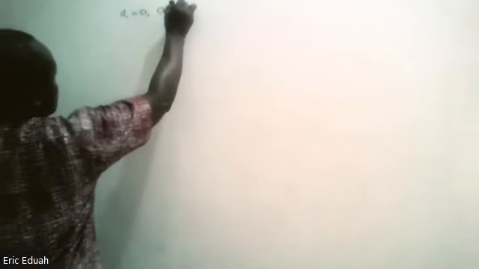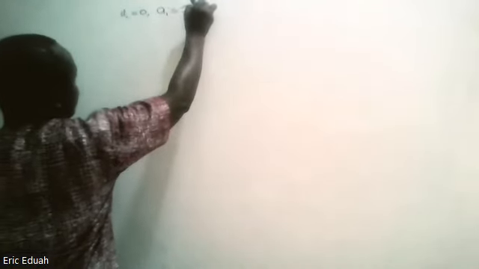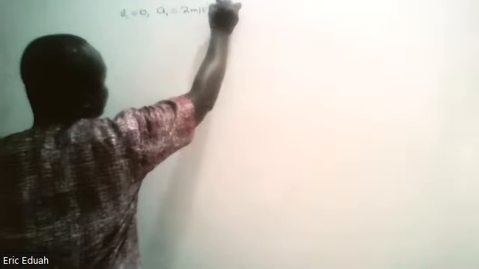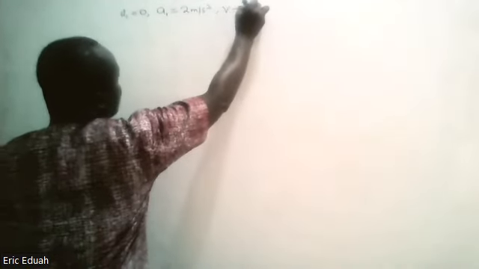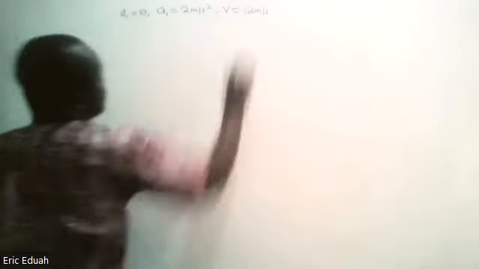As I said, you can also use the equations of motion. In the first part, u is 0, a1 is equal to 2 meters per second squared, and we got v of 12 meters per second.